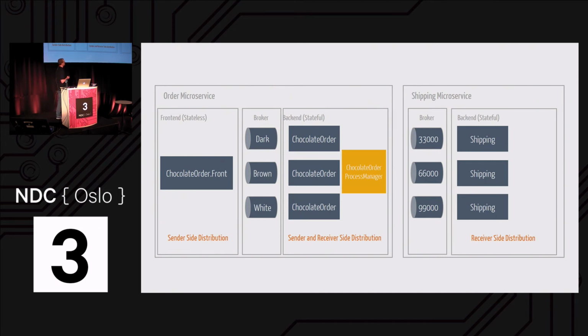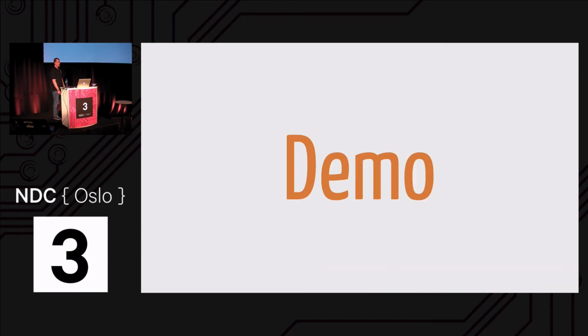So they're saying, well, if we have a shipping order zip code between 0 and 33,000, then we send it to the 33,000 queue. And if it's something between 33,000 and 66,000, then we send it basically to the 66,000 queue. And this is what the team came up with.